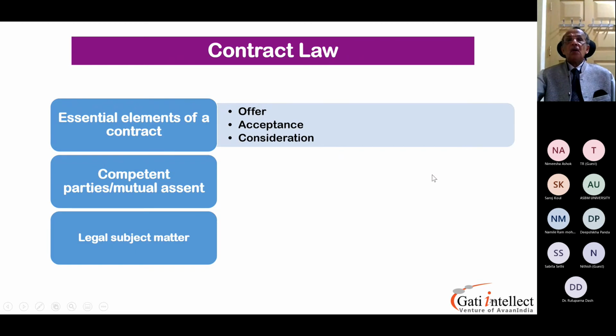Now let's look more at contract law. What are the essential elements of a contract? The contract has three components: offer, acceptance, and consideration. Consideration is nothing but the money part, the monetary terms mentioned in the contract.